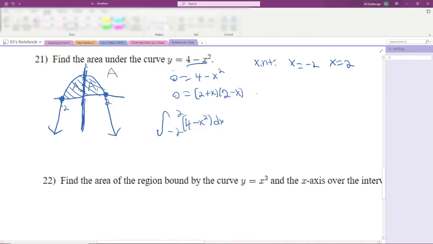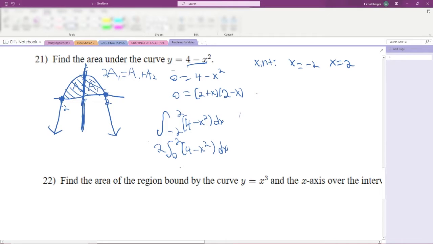So 2a1 equals a1 plus a2. So what we're going to do is multiply the integral from 0 to 2 by 2 for 4 minus x squared dx.